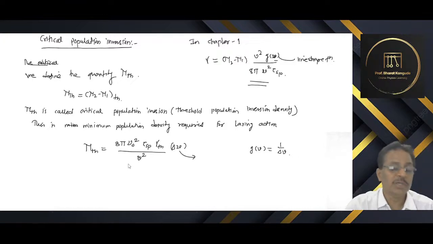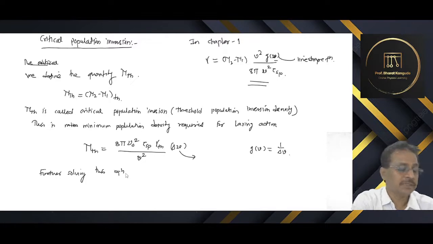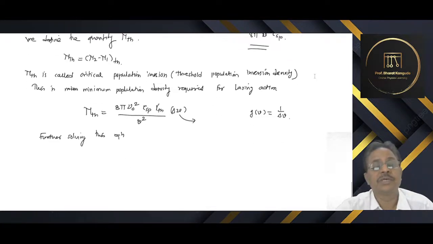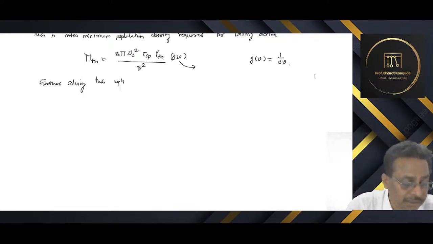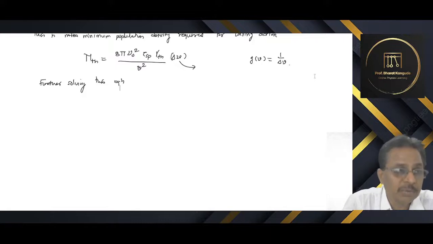Further solving this equation, we get the final expression. The in-between steps you can look into your textbook, but it is not necessary at this particular time, because we are not going to ask this type of derivation at all.